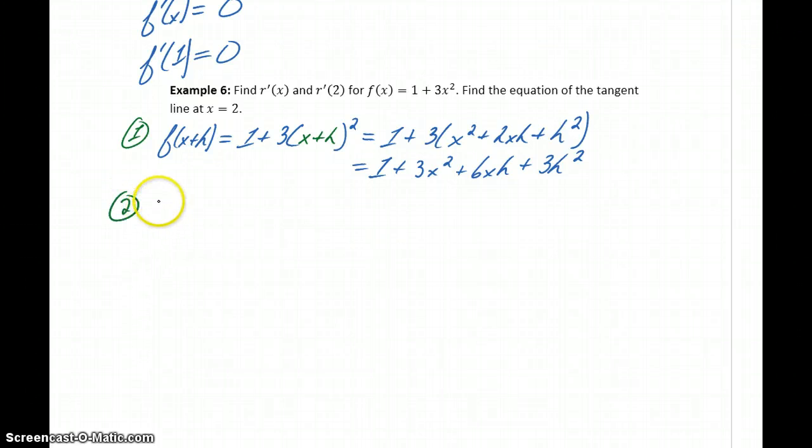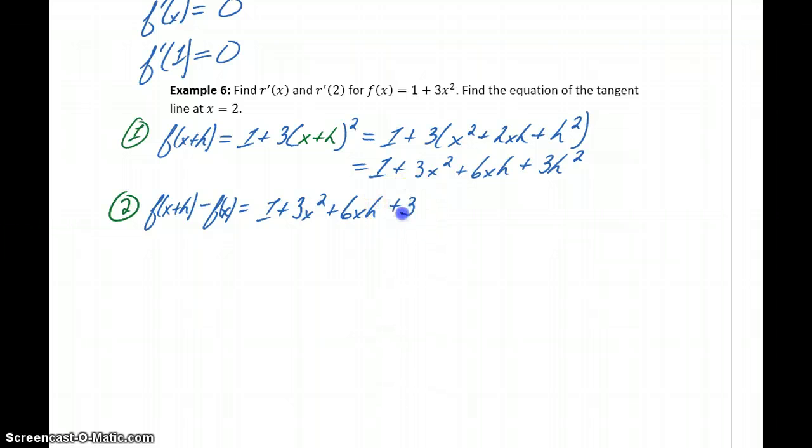In step 2, then, we want to find f of x plus h minus f of x. So we take our expression for f of x plus h, and then we want to subtract the original function, 1 plus 3x squared.